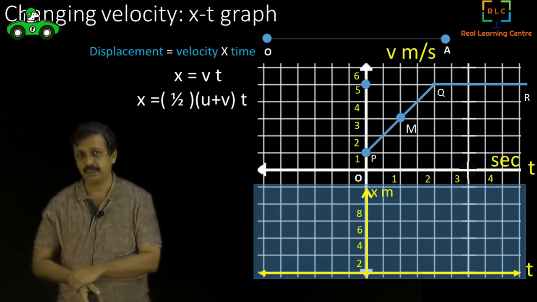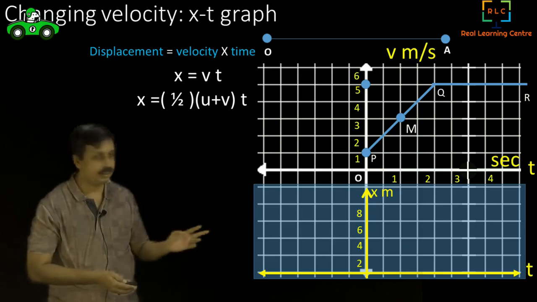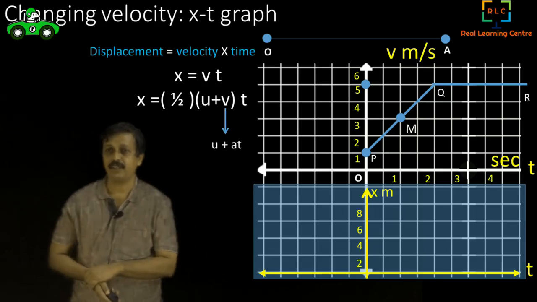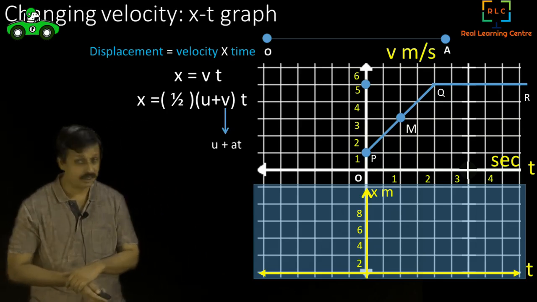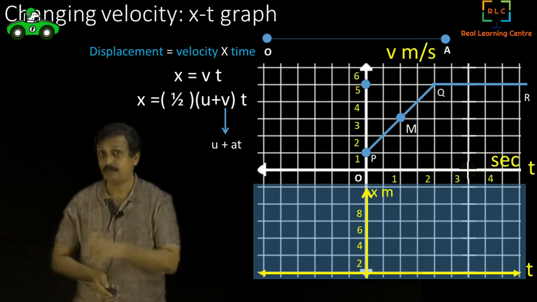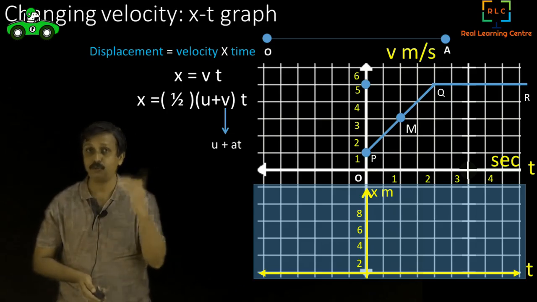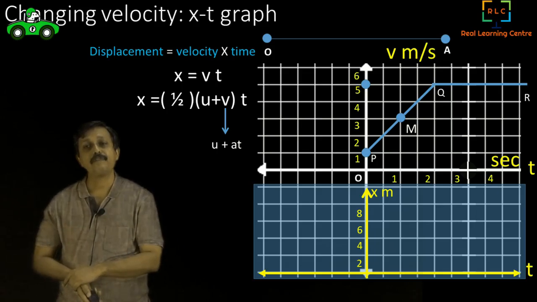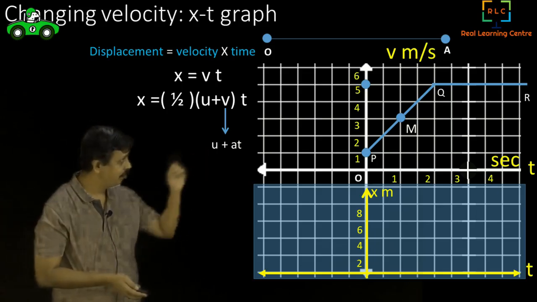If we take v, which is the velocity at any point in time, it is u plus at, which we have shown in the earlier slide. So we can substitute u plus at in the place of v.